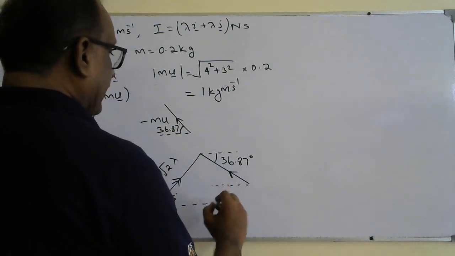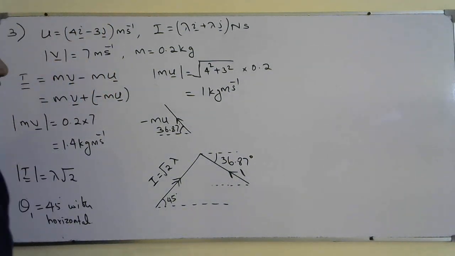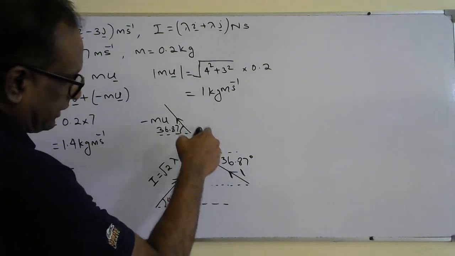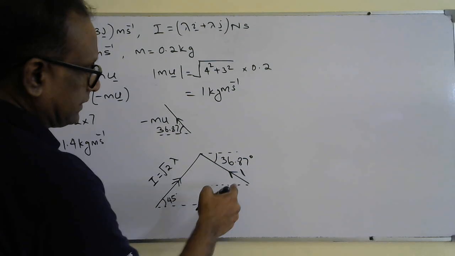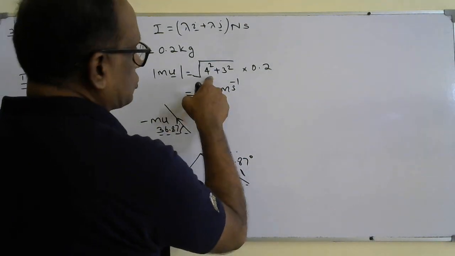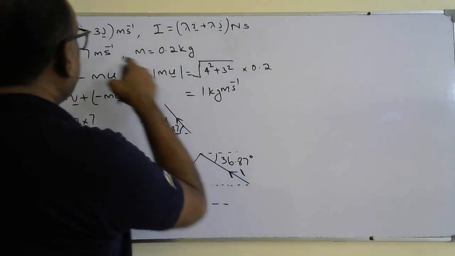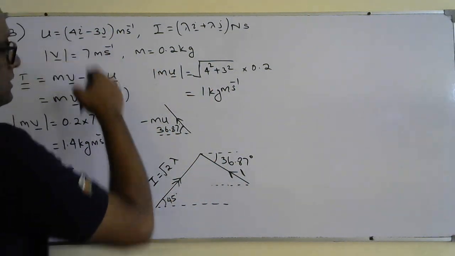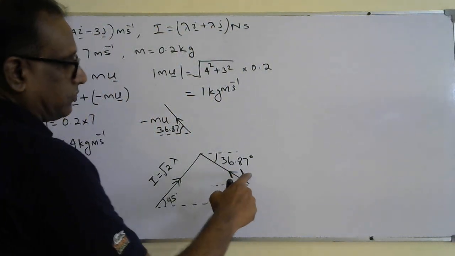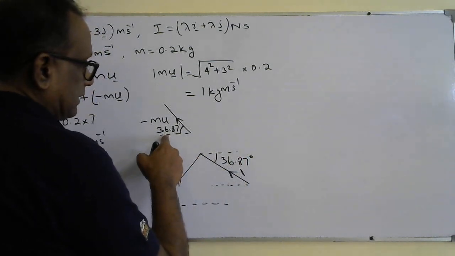This is the vector minus mu, which has magnitude 1, direction this way, because minus mu is this way. I already explained that. Because when you find square root of 4 squared plus 3 squared, the u coordinates 4 and 3, you will get 5. 5 into 0.2, so that's the magnitude, 1 unit, 1 kilogram meter per second. And the angle with horizontal is 36.87.